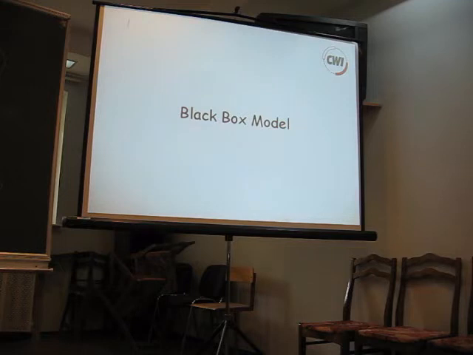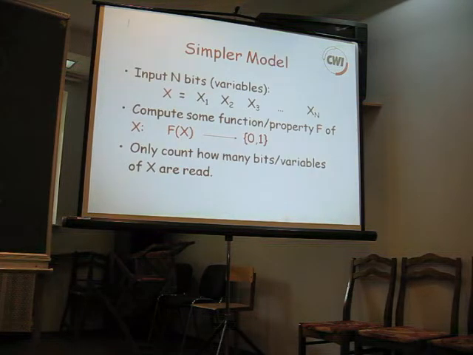So one way out is to define a simpler model, as I did already yesterday, the black box model. It's a simpler model as discussed yesterday, where we have an input consisting of n variables, and we are interested in computing some Boolean function of these n variables, and we only count the number of variables that we access.